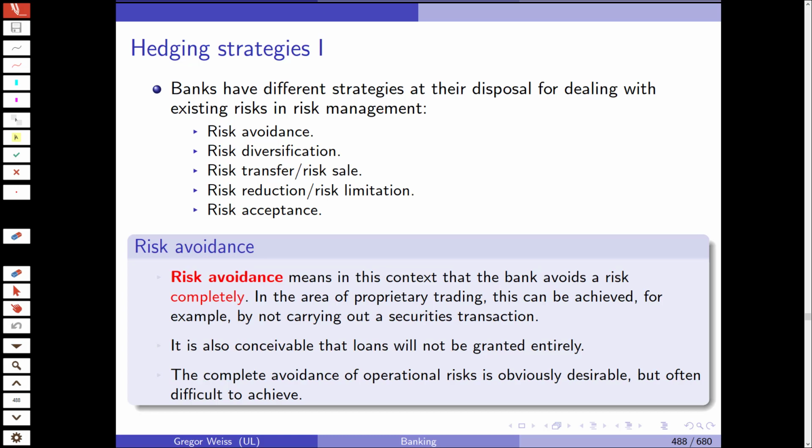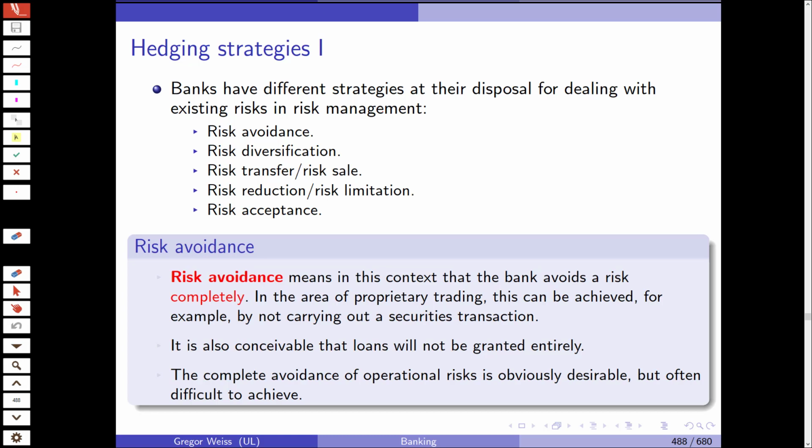For example, in proprietary trading, in investment banking, this could mean that you do not enter a contract, you do not engage in a certain transaction, you don't buy or sell a certain security. So if you just leave the money on the table, you're completely avoiding that risk.